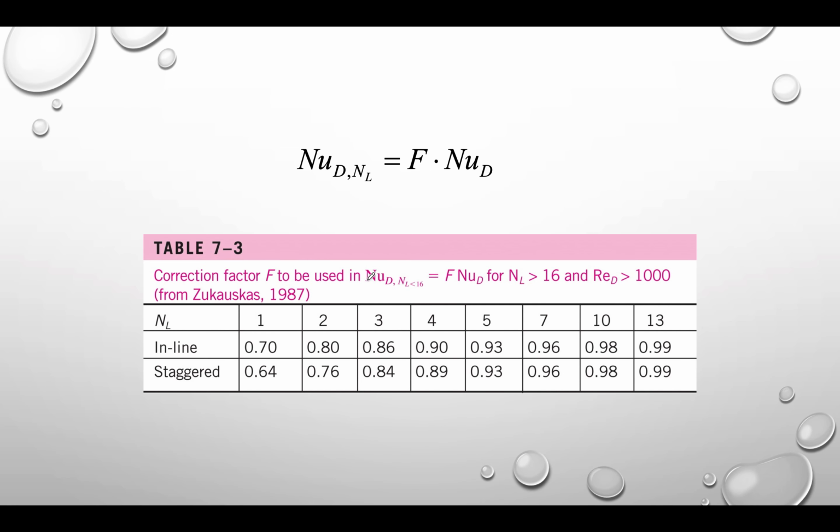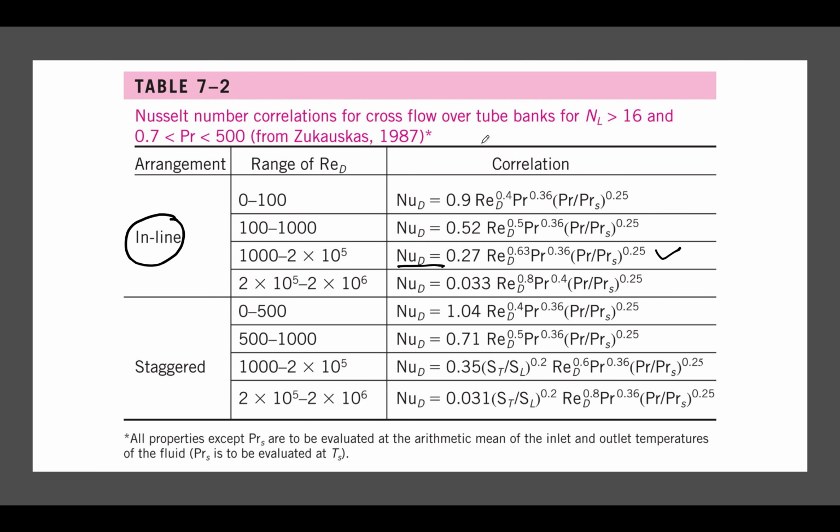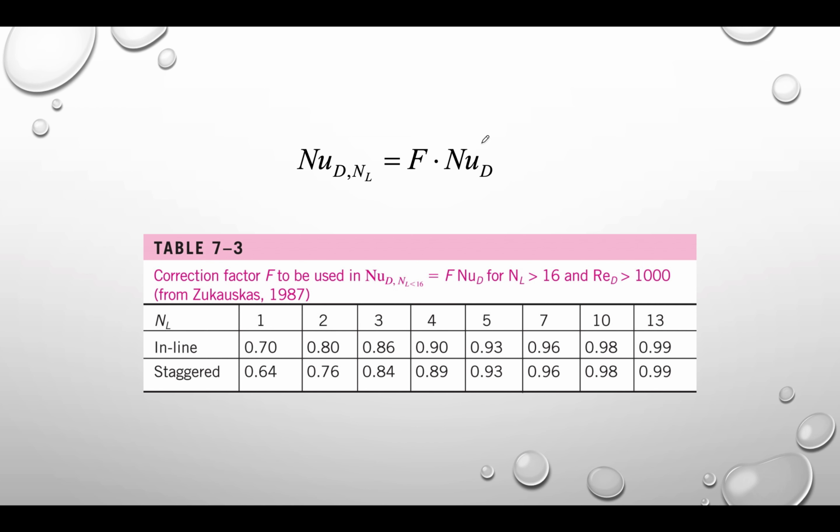So let's take a look at 7.3. If you are referring to table 7.3, you have to correct the Nusselt number that you get from table 7.2. You plug in all the equation and you get the Nusselt number. Then you have to correct the value since your number of rows is below 16.